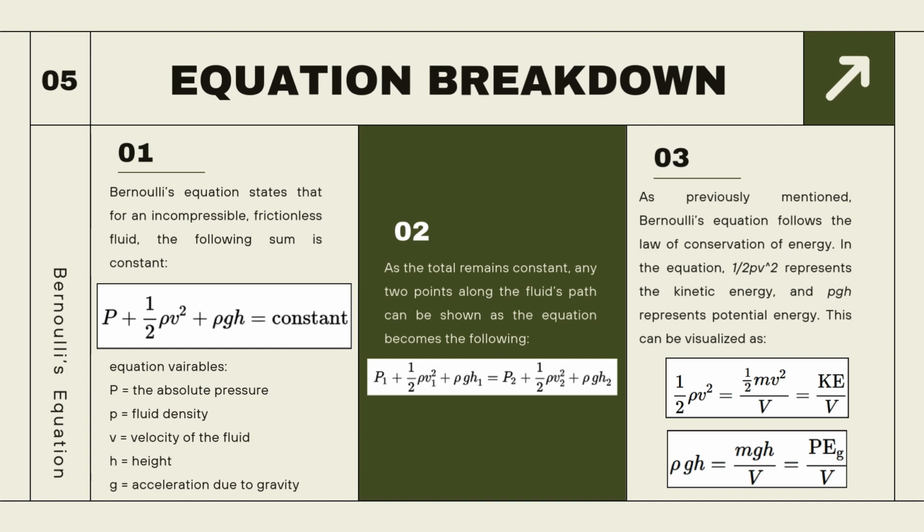So when we're breaking down this component of Bernoulli's equation, this is simply stating that kinetic energy over volume is the same as 1/2 ρv². And the same principle follows for ρgh, which states that mgh over V equals the potential energy over V. Now, V again equals volume, and mgh is the equation for potential energy.